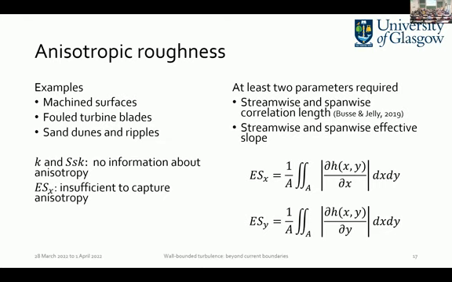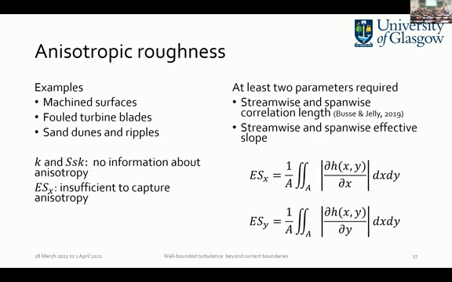Now, if we consider roughness height and skewness, we have no information about anisotropy contained in them at all. ESX might give us some indication, but on its own, again, it cannot capture anisotropy. So we need at least 2 parameters, and we could use the streamwise and spanwise correlation lengths. This would be more consistent with the tribology convention. However, these are quantities that are not so widely studied in fluid dynamics.